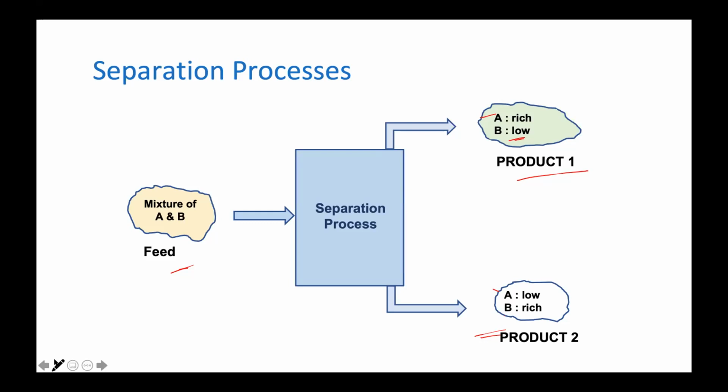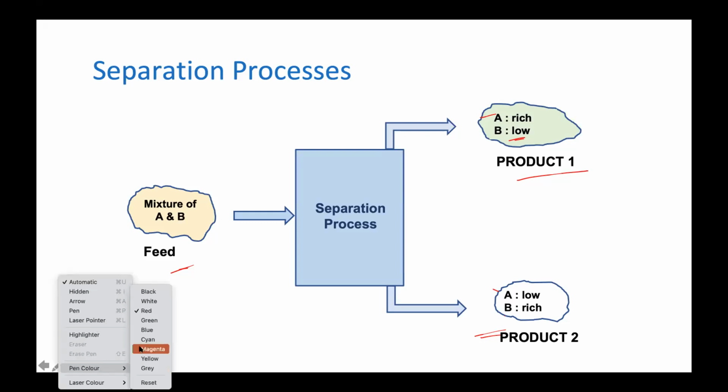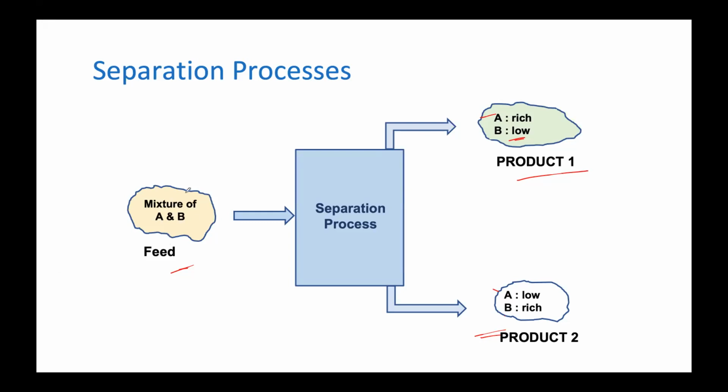We have a feed, like a mixture of A and B. In a separation, we can't get 100% A and 100% B. Ideally, maybe we can, but realistically, naturally, we can't do that.